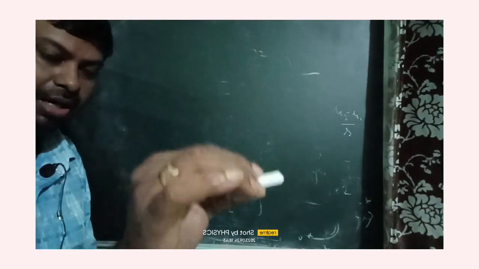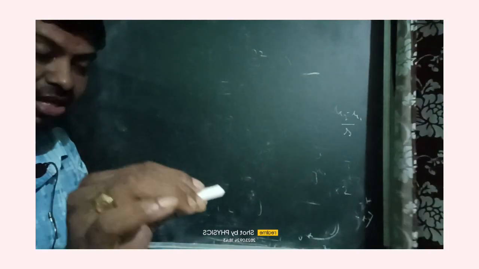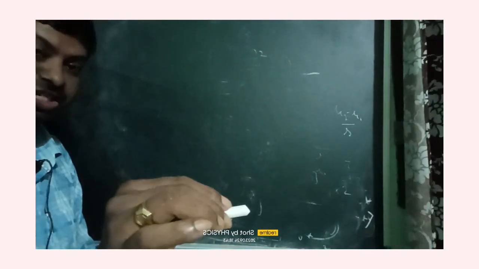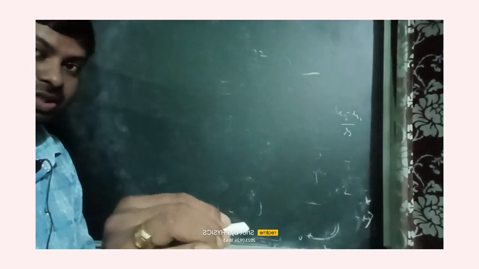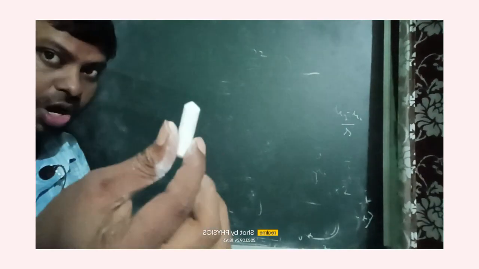If we take a chalk, hold it at a height and release it, it will move towards the center of the earth, that is, towards the surface of the earth, if there is no hindrance outside. The acceleration it generates in itself is called the acceleration due to gravity. This is a chalk. If you let it fall from a height, it has an acceleration.